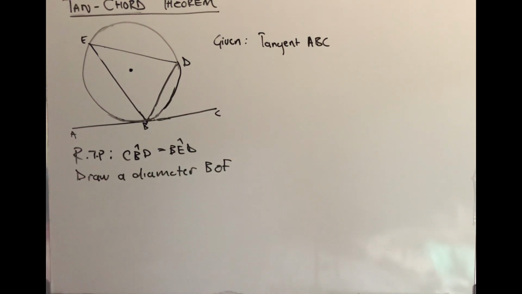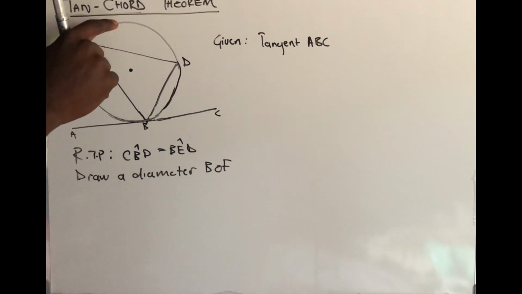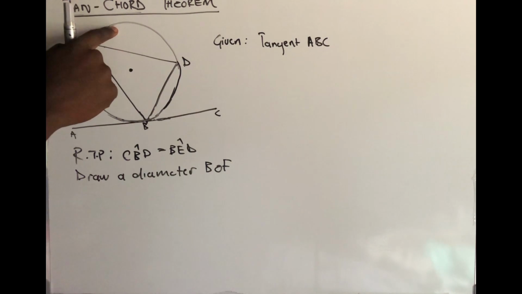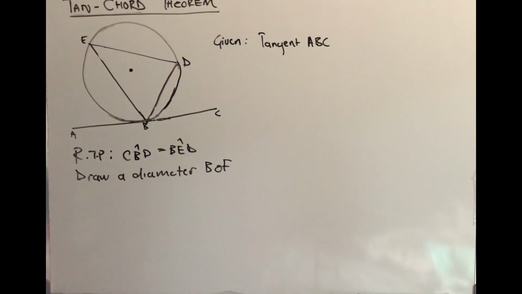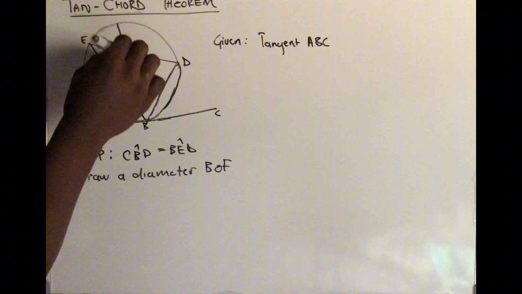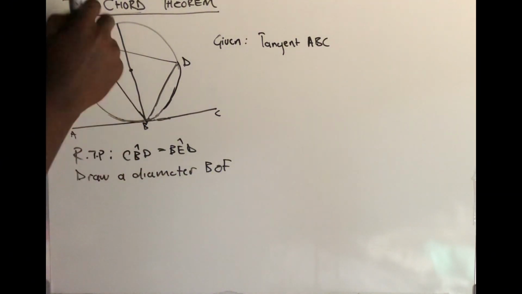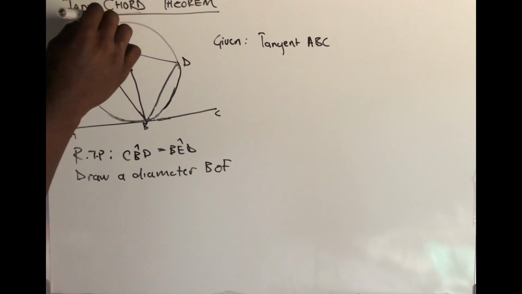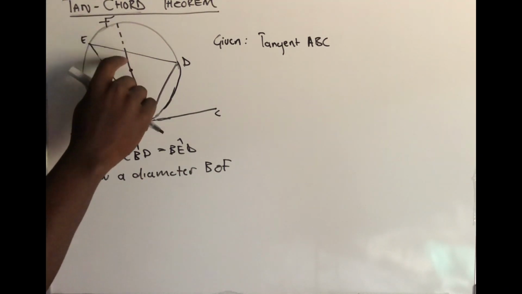You know a diameter, it's a line from one part of the circumference of the circle passing through the center of the circle to the other part of the circumference. So we can start from this part, goes down to B. And then this is our diameter. Let's call this one F.